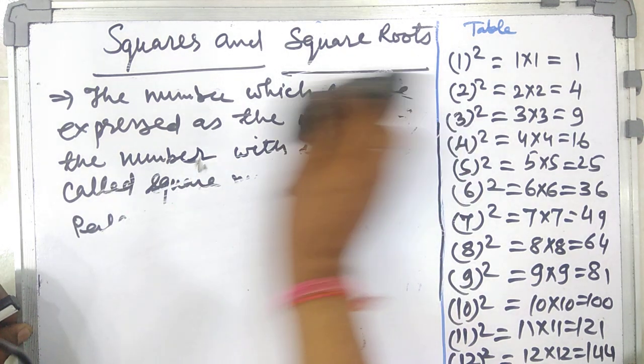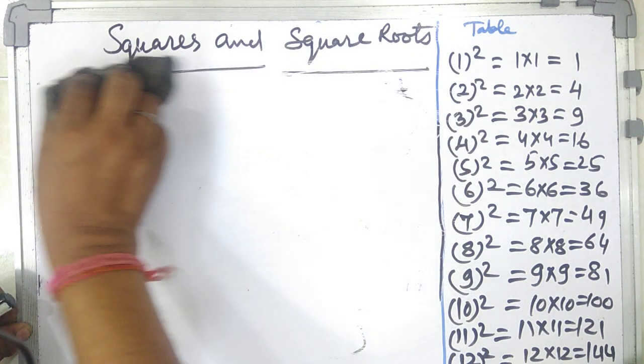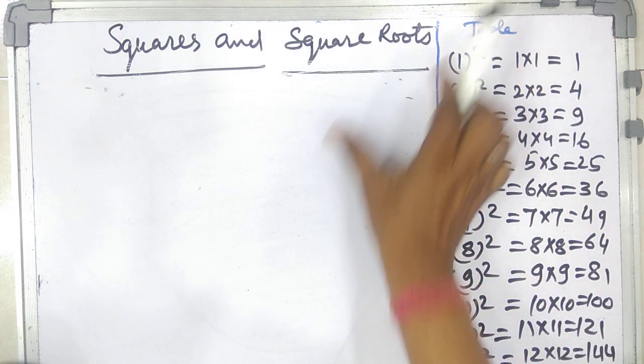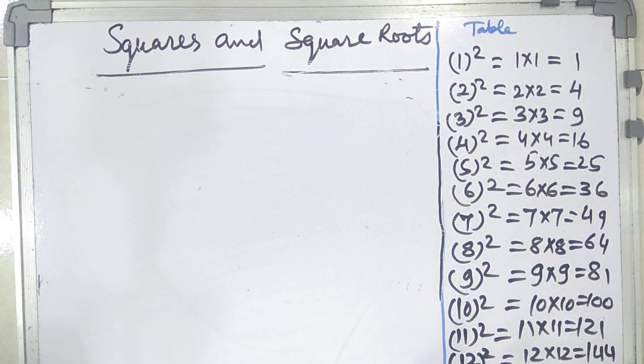So students, properties of square numbers. Observe the given table, students: 1 square, 2 square, 3 square, and so on.